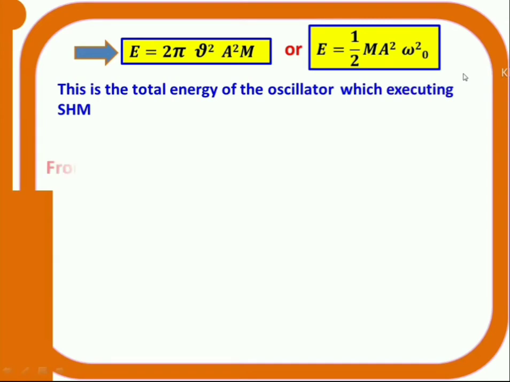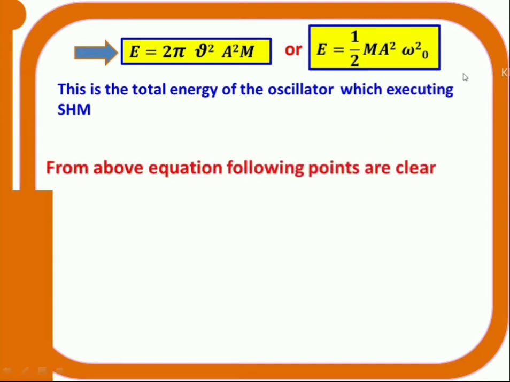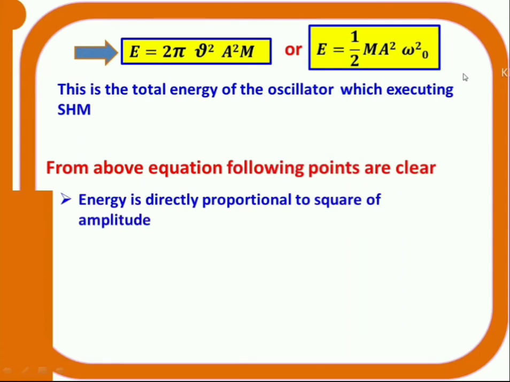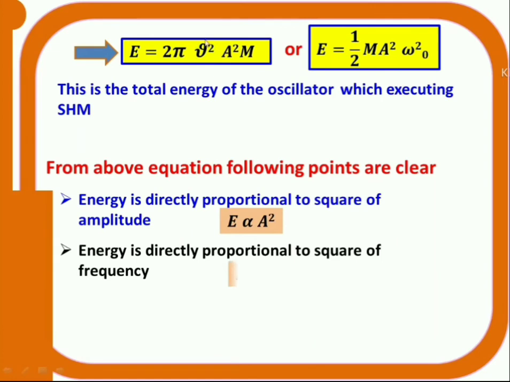From this equation, some points are very clear. One is that energy is directly proportional to the square of the amplitude. That means E is proportional to a square. And energy is directly proportional to the square of the frequency, nu square.